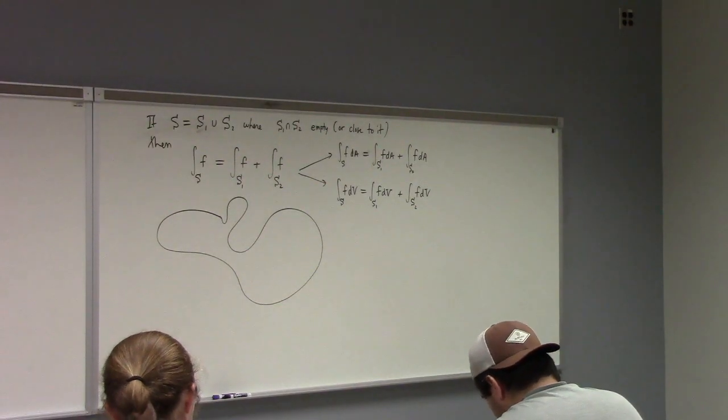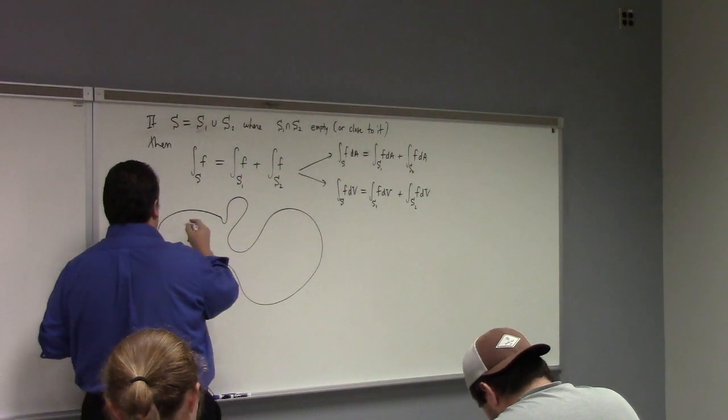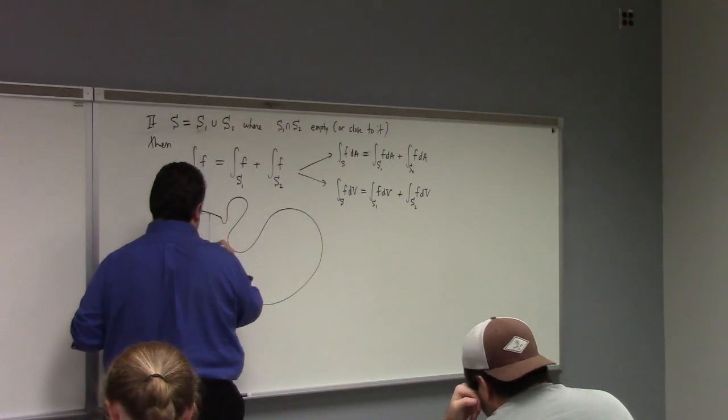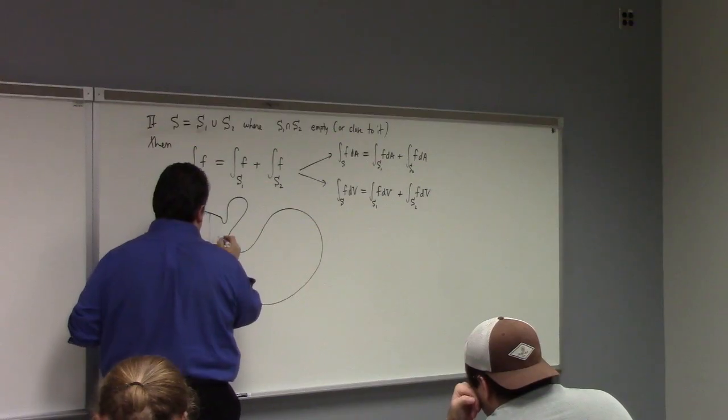So what I do is I just chop it up into rectangles, because we already defined the integral over a rectangle, right?